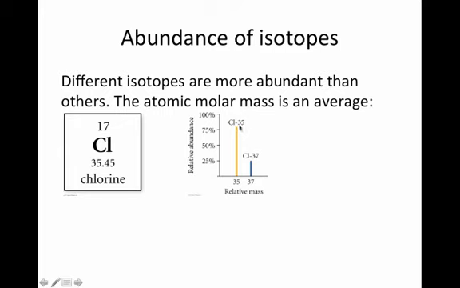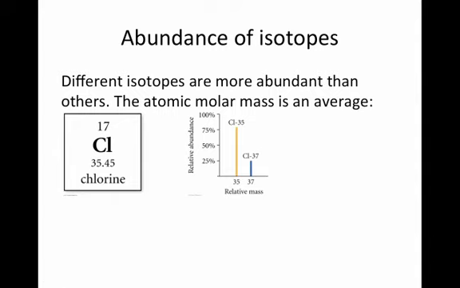There must be 18 neutrons here because 35 minus 17 is 18, and 20 neutrons here because 37 minus 17 is 20. You can see there's more chlorine 35 than chlorine 37. This makes some sense because chlorine 35 is lighter than chlorine 37, and the average ends up closer to 35.